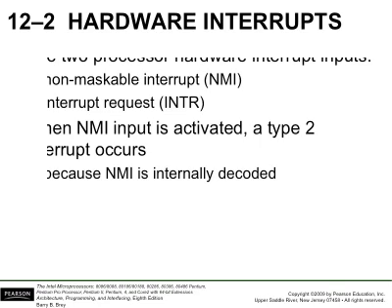When the NMI input is activated or asserted, let's say if the microprocessor sees a 1 on the NMI, it knows a non-maskable interrupt happens. The reason it is non-maskable is that we want the microprocessor to respond. This could be a very serious condition.